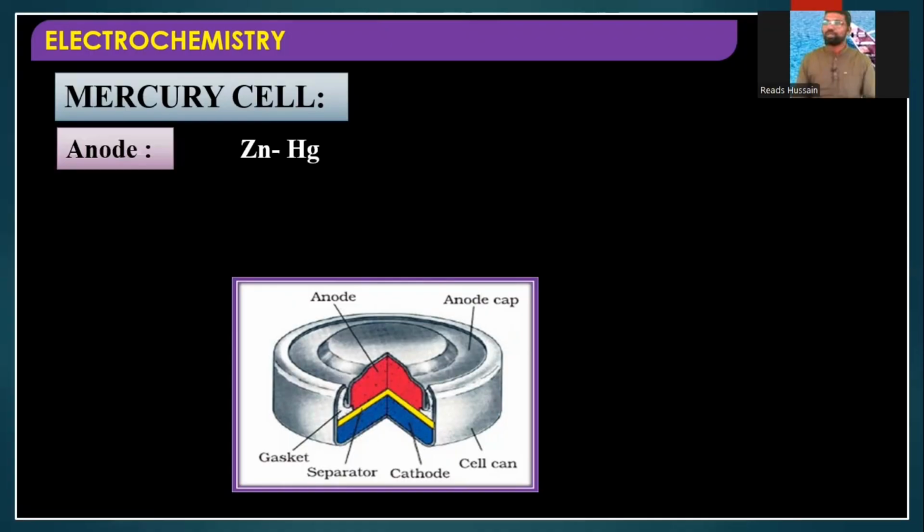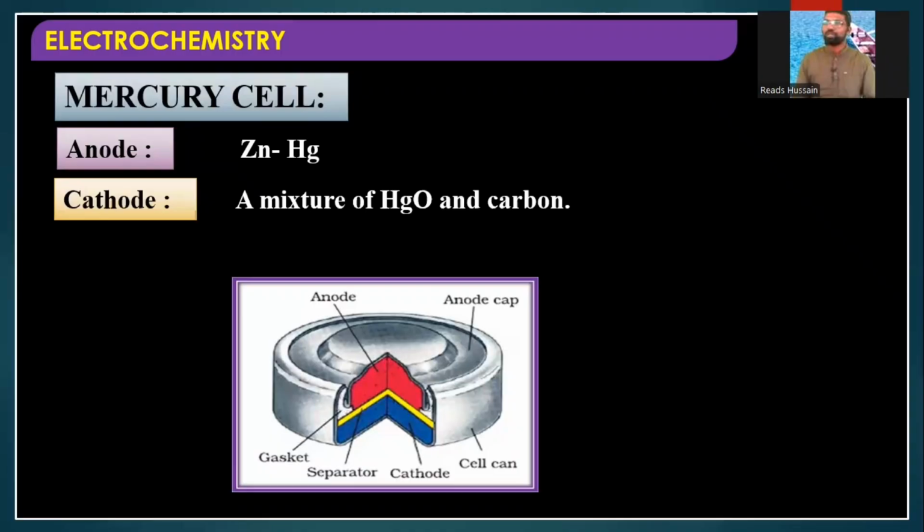Here the anode is a zinc-mercury combination. It is called zinc amalgam. Anode is zinc amalgam. Here mercury is used, so it is called a mercury cell. It's an alloy. Alloy means the combination of two or more metals, zinc and mercury. So it is called zinc amalgam or an alloy.